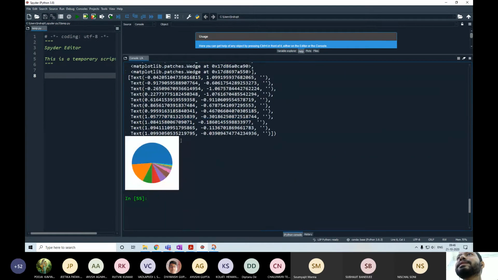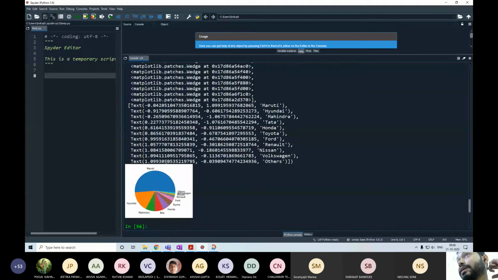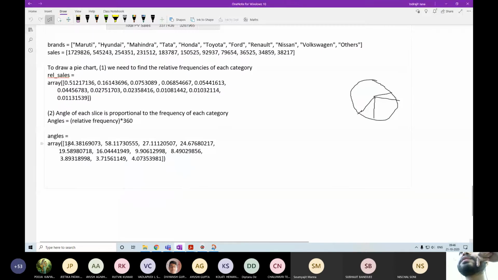So if I supply labels equal to brands, it will put the labels there. Okay, so it also put the labels here, which is Maruti, Hyundai, Mahindra, and so on. You can see Maruti had more than 50% of market share. If you look at the angles, actually it is reflected there. The angle for Maruti is 184, which is more than 180, and that's more than half.